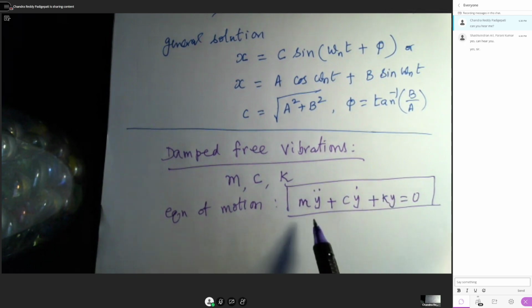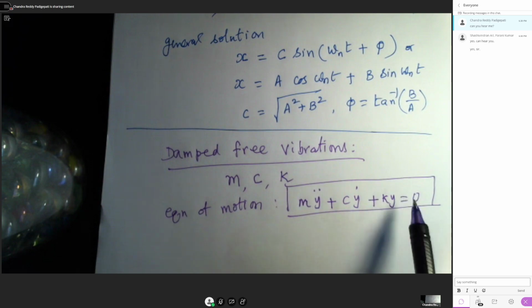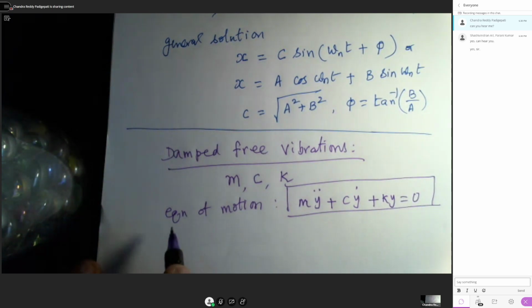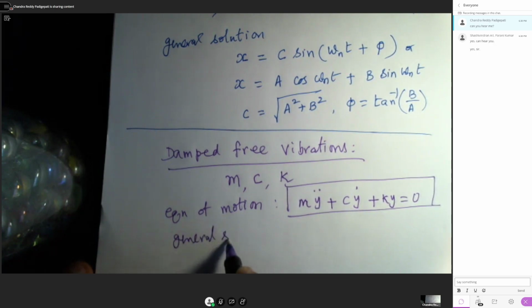For this system, again, we can write the natural frequency of the system as the square root of k over m. Now the general solution for this we can write in different formats.